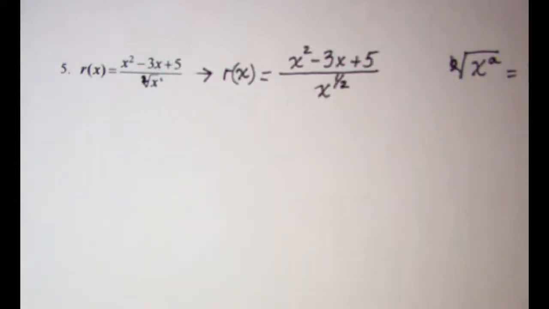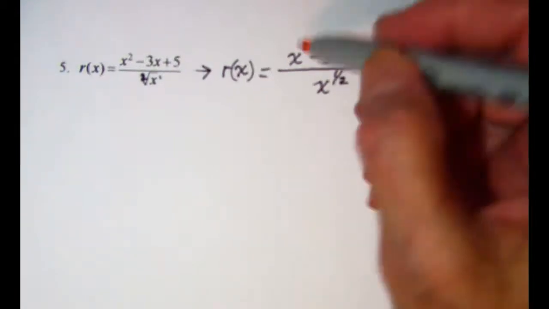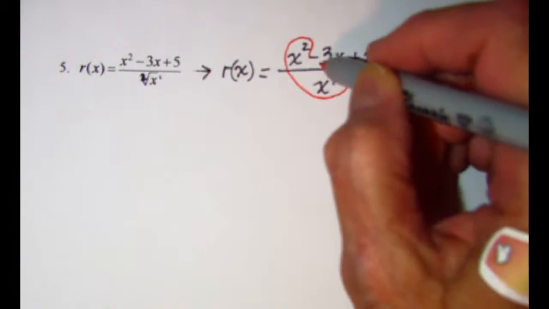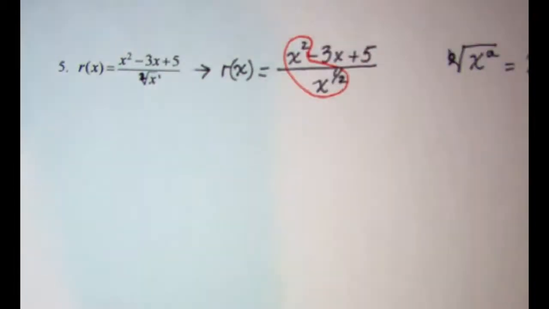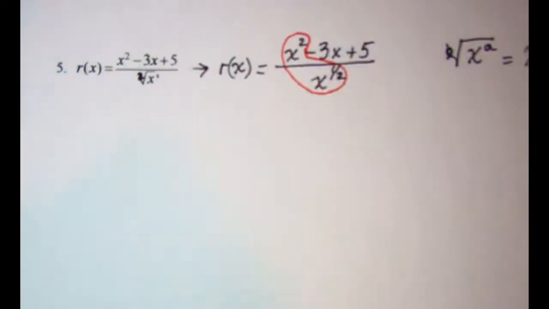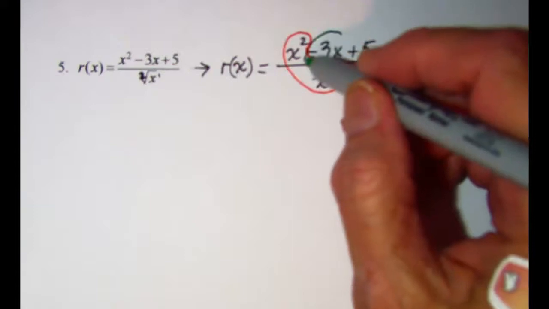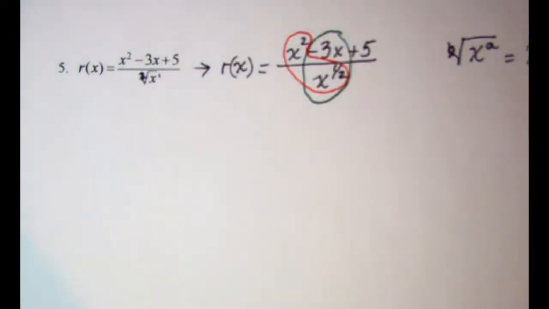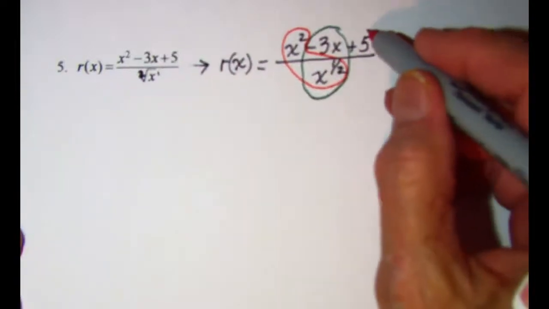Now, so that I can use the power rule again, I want to split this one big fraction into 3 separate fractions. So I'm going to take this fraction, and then this one, and then this last one.